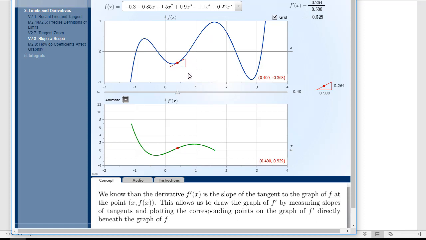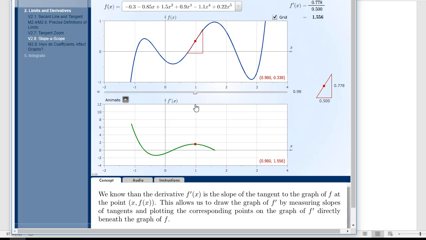As I continue to animate this point, the slopes get bigger in a positive direction. So the slopes, the y values on this graph are getting bigger and bigger in the positive direction on the y-axis here. Now if you notice, this is kind of the steepest tangent line, and then they go back to 0. Right? So here's my steepest tangent line, and then they get flatter and flatter and flatter.